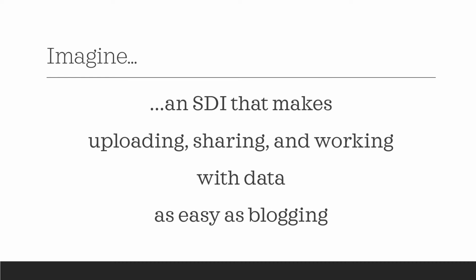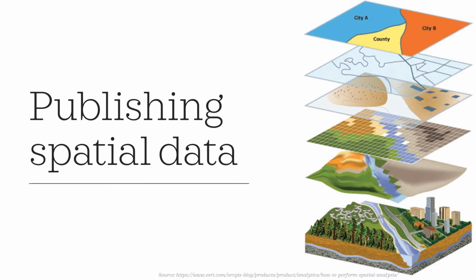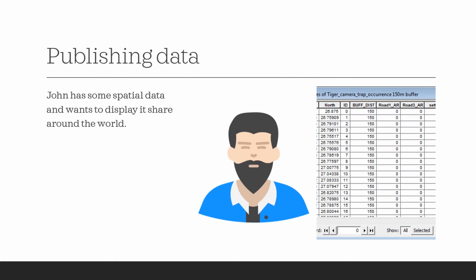Let's just think about the SDI that makes the uploading, sharing, and working with the geospatial data as easy as blogging, like blogging sites like WordPress or Wix.com. Let's imagine we are publishing the geospatial data which are layer based and contain some geographic information as shown in this figure.